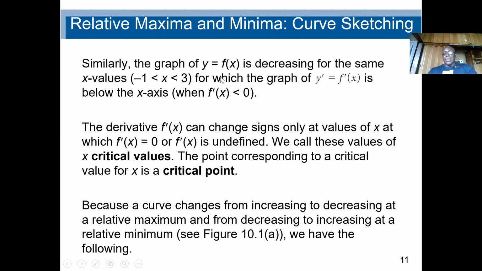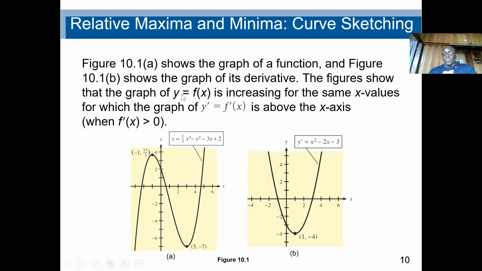Similarly, the graph of y equal to f(x) is decreasing for the same x values. That is, when you look at the graph between -1 to 3, you can see that it's decreasing, which is right here, -1 to 3. And when you look here, also the same thing, -1 to 3 is decreasing.